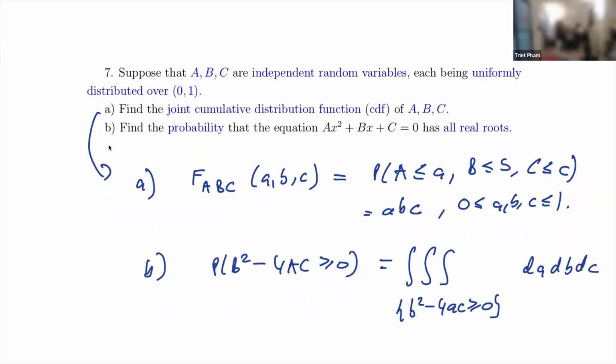The density is 1, so basically it's the volume of the unit cube that is above that surface, B squared equals 4AC. Okay, I trust that you all did excellently in Calc 3. So tell me how to do this triple integral.